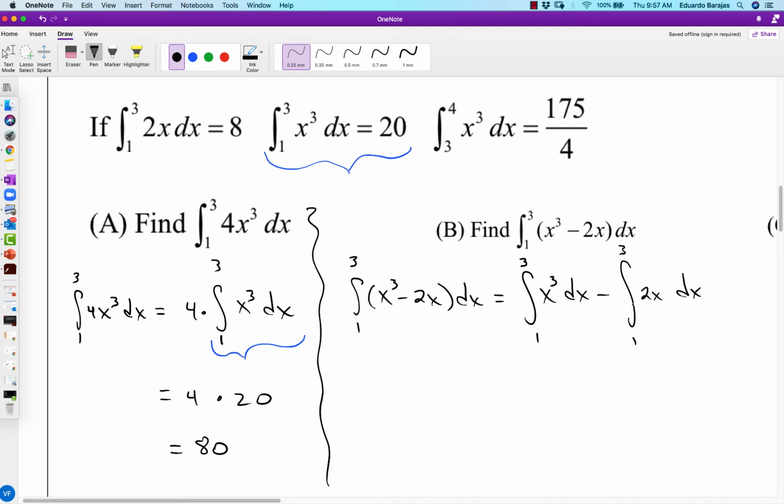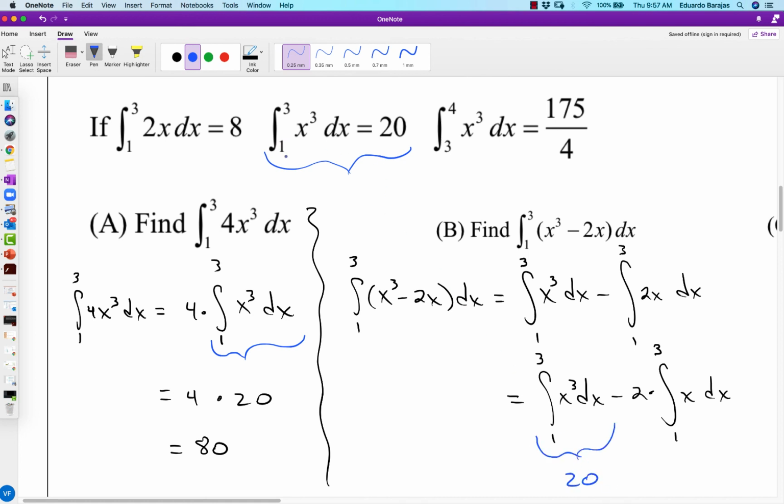And next, we know that we can pull out a 2, because that's also a constant. So this will become the integral from 1 to 3 of x cubed dx minus 2 times the integral from 1 to 3 of x dx. And now, this first part is equal to 20.